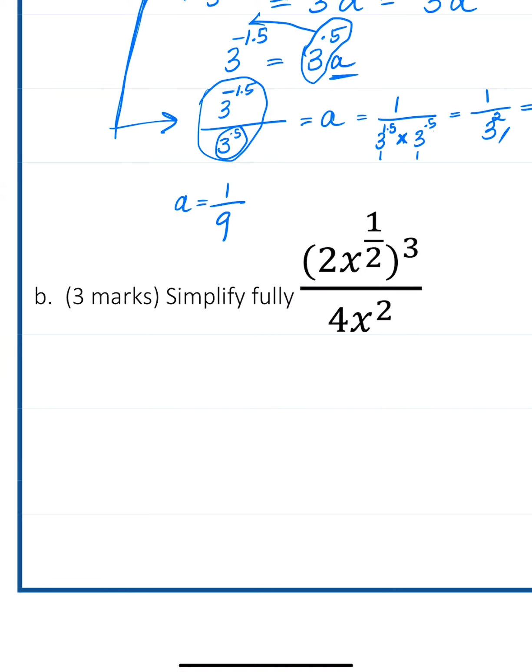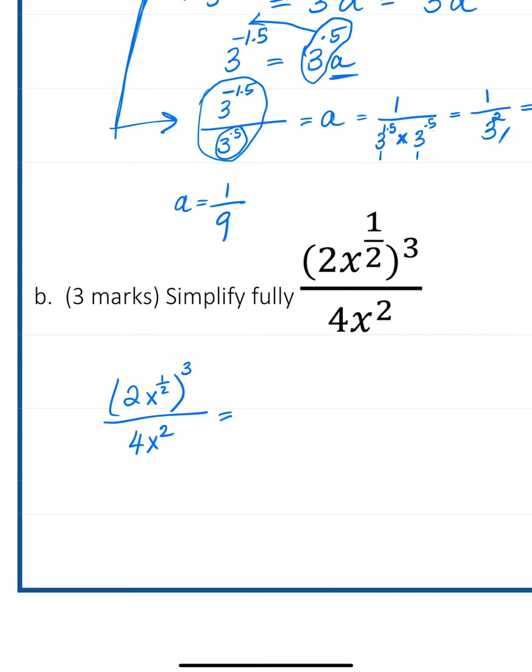I always make it a habit to write down the initial problem myself, right? Okay, so we've got a power of a power, right?